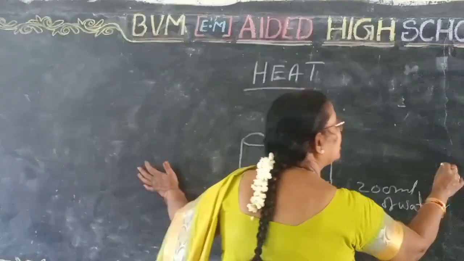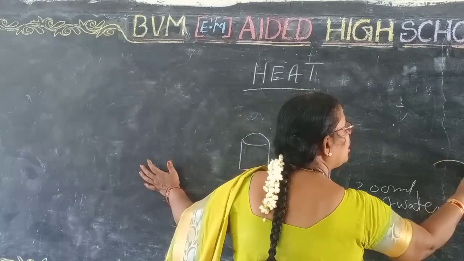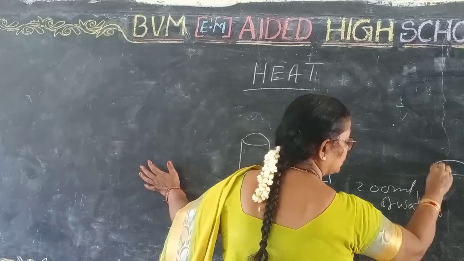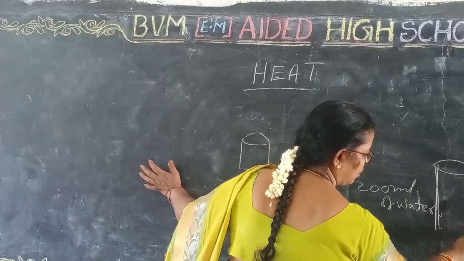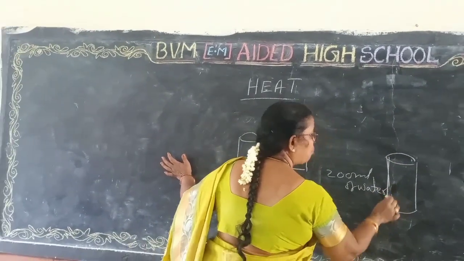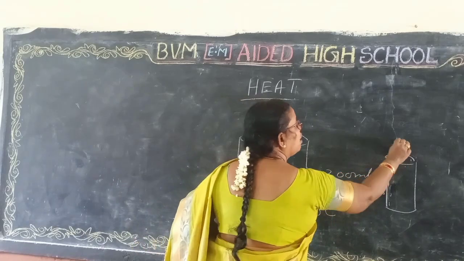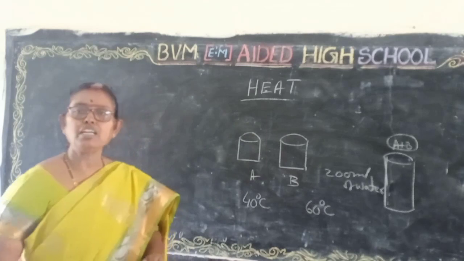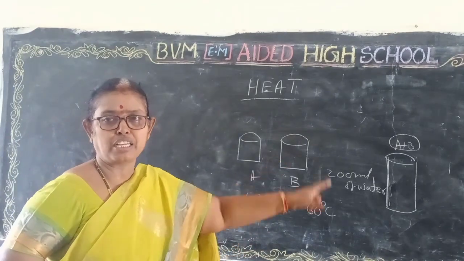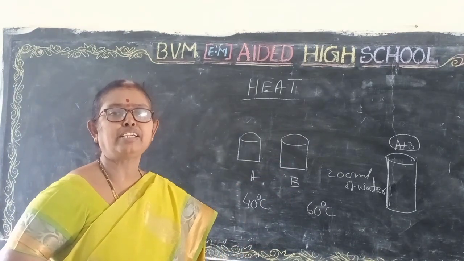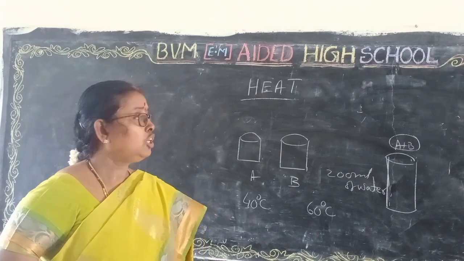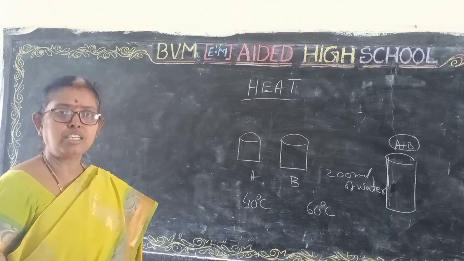You take another beaker C. In that beaker you mix these two waters, A plus B volumes, and then find the temperature.